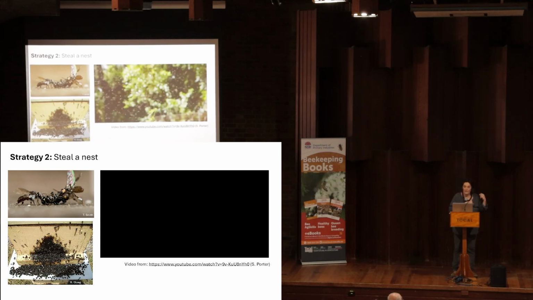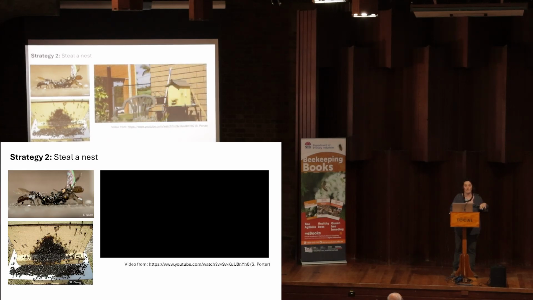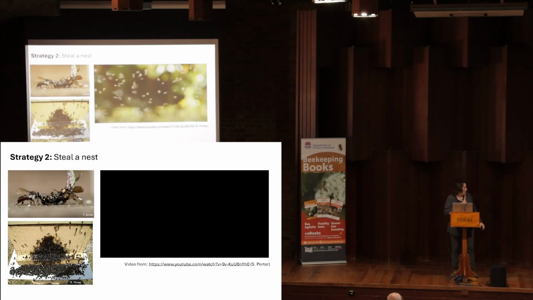But what will happen when there's an attempted usurpation, a nest takeover, is that often the defending colony, unless it's very weak, is going to put up some defences. And what they do is that every worker that can fly within that nest exits and forms a huge swarm directly in front of the colony. I refer to it as their air force, and you can see it in this video.